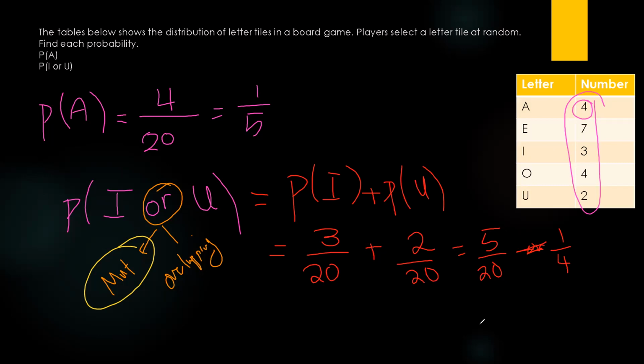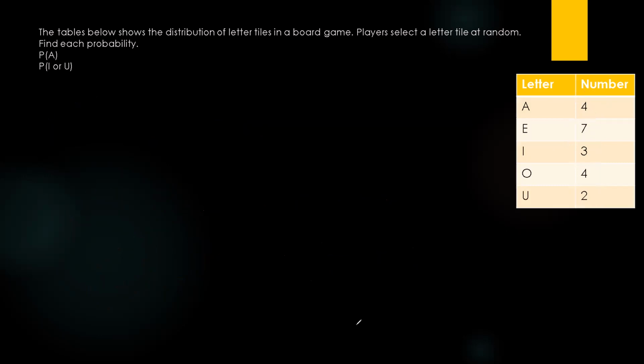Now, let's take another example. Here, you have a sample space that contains a spinner that has 1, 2, 3, 4, 5, 6, 7, and 8.